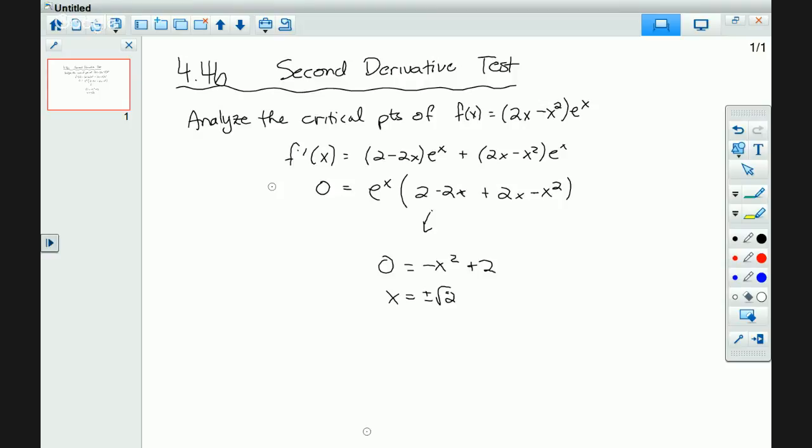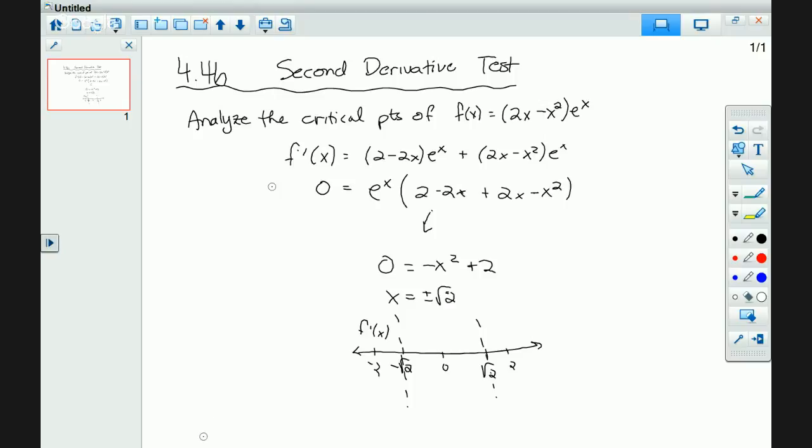Normally, we would do a sign analysis for min-max. This would be the first derivative test. So I would pick 0 and 2 and negative 2, and put these in the derivative.